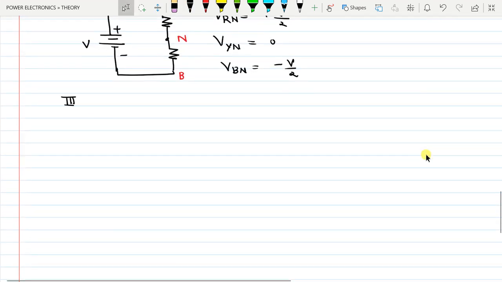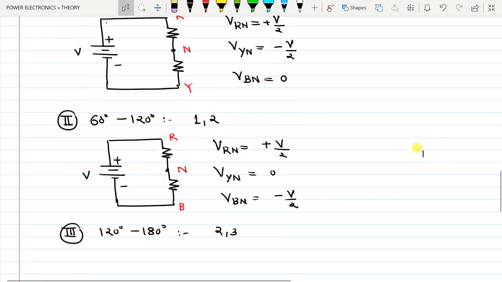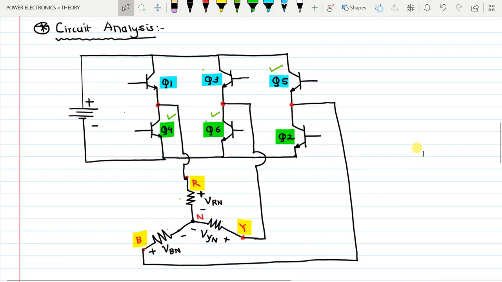Similarly, third interval, 120 to 180, switches 2 comma 3. So R phase is not connected to anybody.